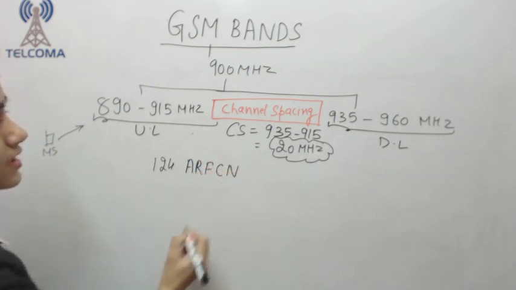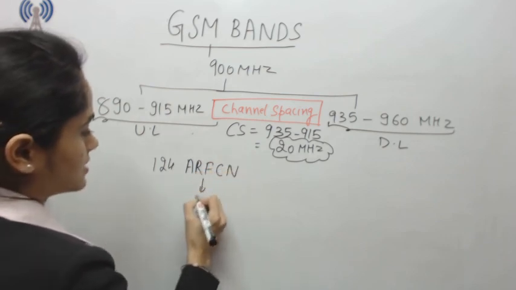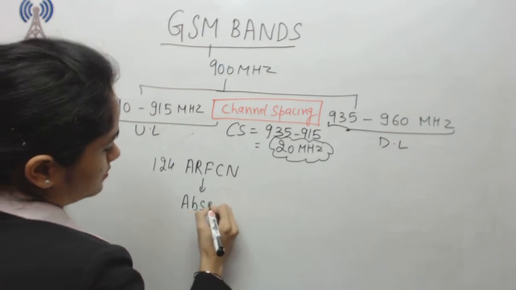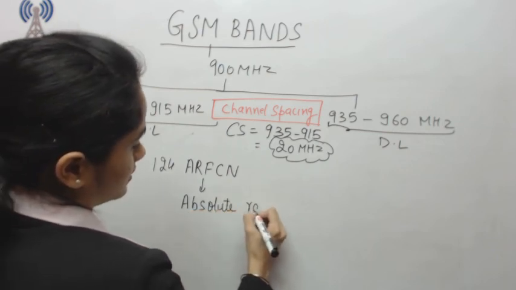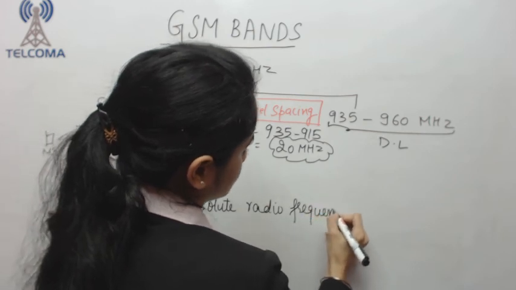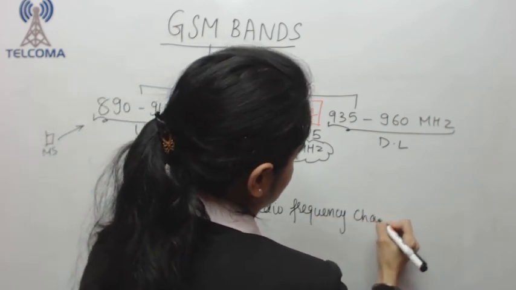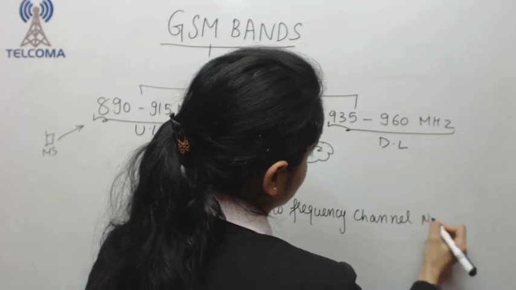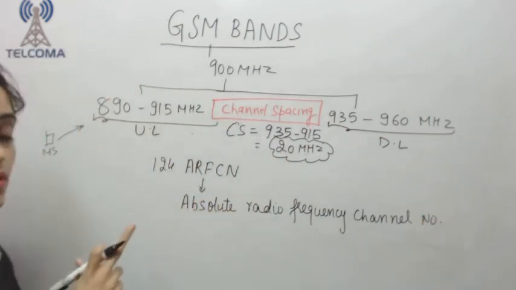ARFCN. ARFCN stands for absolute radio frequency channel number, which is basically the number of the channel.